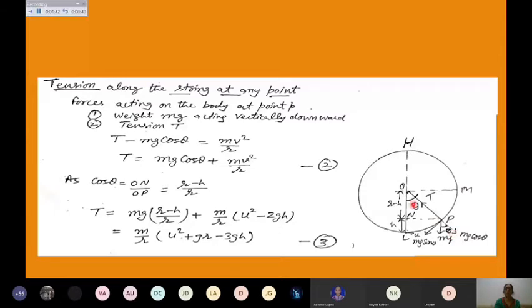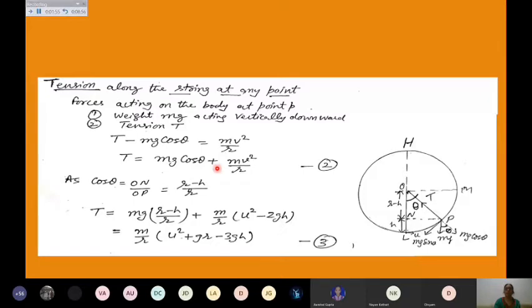So by a free body diagram, I can say that T minus mg cos theta equals mv square upon r. So if you rearrange this equation, you are getting T equals mg cos theta plus mv square upon r. This is giving me tension at any point. Again, I am taking it at P point. So I can call this equation number 2.